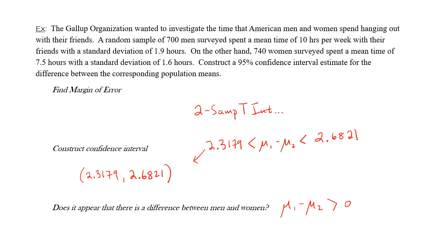It's well above 0 here. So that means that mu1 is always going to be greater than mu2. So in general, what this shows is that men spend more time with their friends than women. And in this case, we're using a confidence interval rather than a hypothesis test to draw a conclusion.